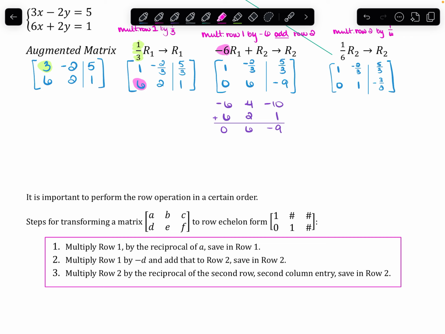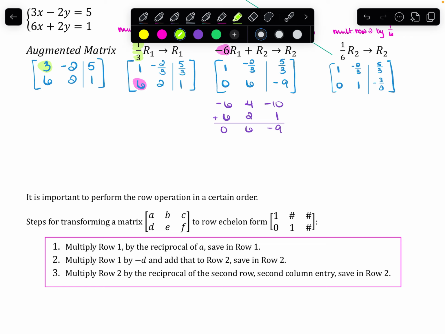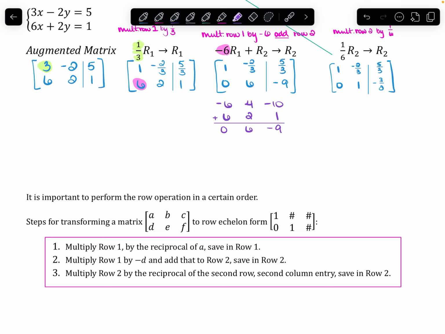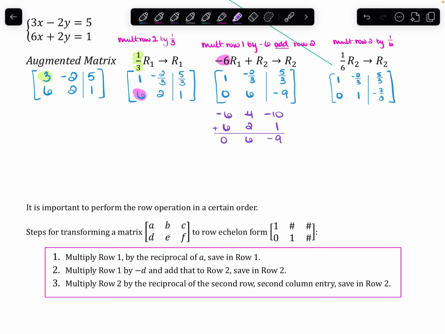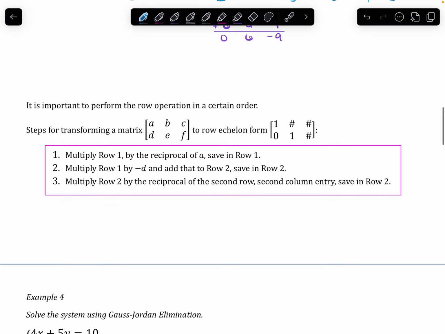And the last one, I'm running out of highlighter colors, let's go purple: multiply row 2 by the reciprocal of the second row, second column entry. In our last one, we chose to multiply by 1/6, which is the reciprocal of the number now sitting in that second row, second column entry. If you follow these steps, your matrix will be in row echelon form.